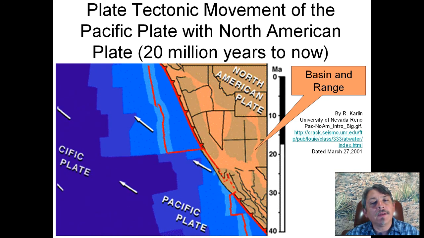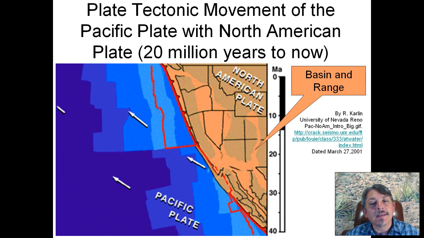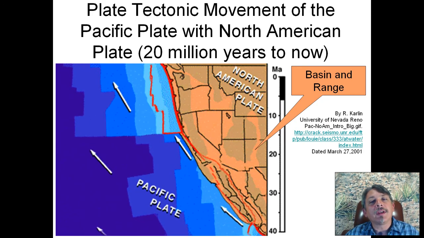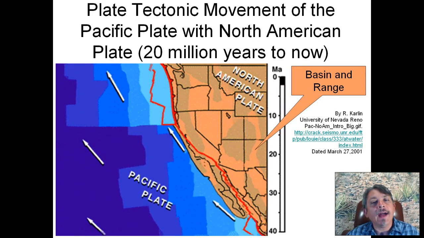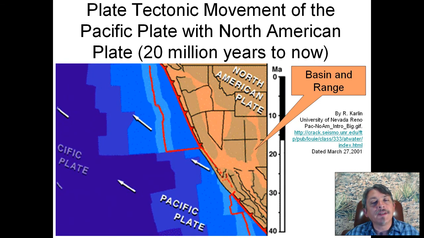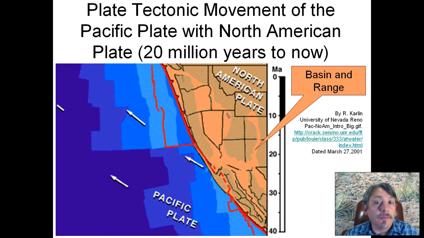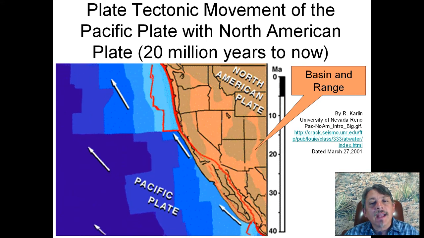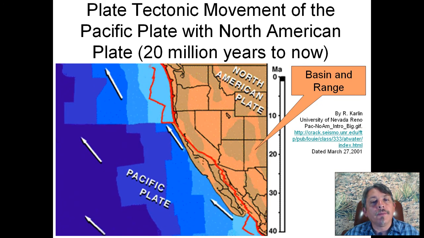And you'll notice that one of the things that is obvious is how the plate is tugging at the North American plate and actually drawing it out. And as you can see, Baja California, once an integral part of what we would call today's mainland Mexico, has been detached and is slipping upward and northward.